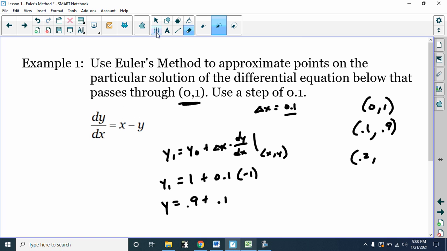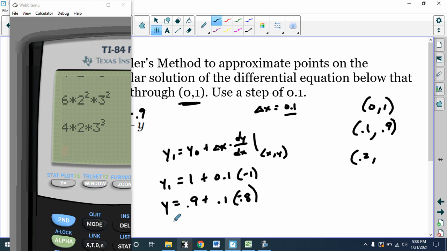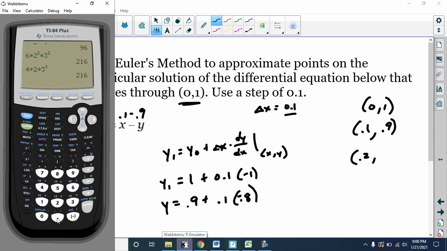The derivative is always x minus y: 0.1 minus 0.9, which is negative 0.8. So we've got 0.9 plus 0.1 times negative 0.8. So my new y value is 0.82.